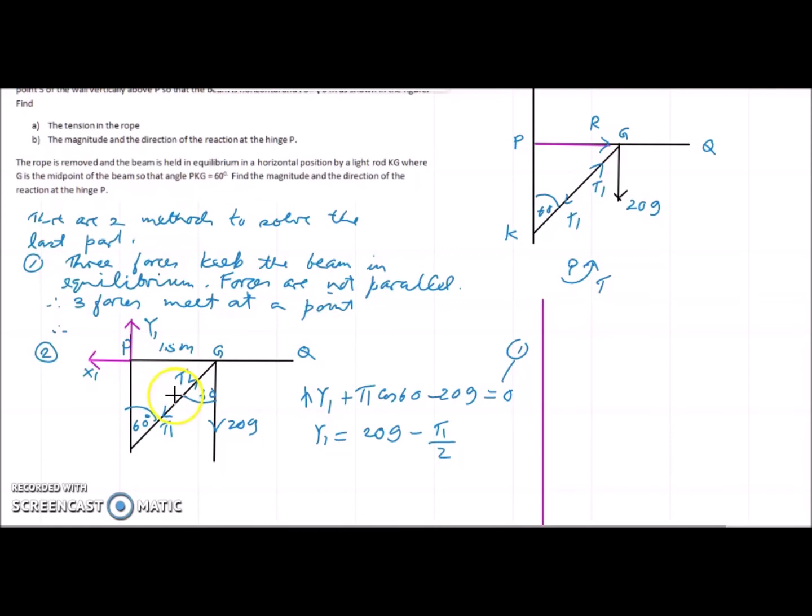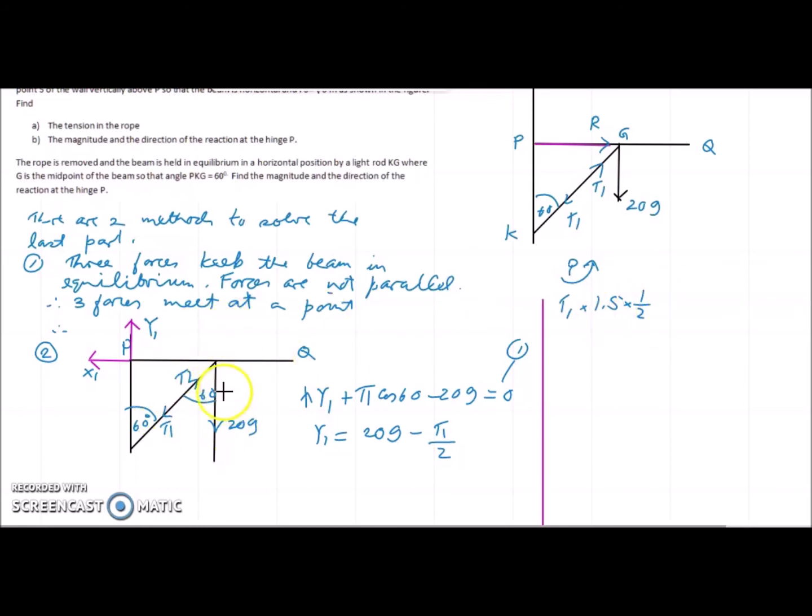If we draw a perpendicular, PG is 1.5 meters and this angle is 30, because this is 60. Then the perpendicular distance is 1.5 sine 30. Then the moment is T1 into 1.5 sine 30. Sine 30 is 1 over 2, so the moment is T1 into 1.5 into half.